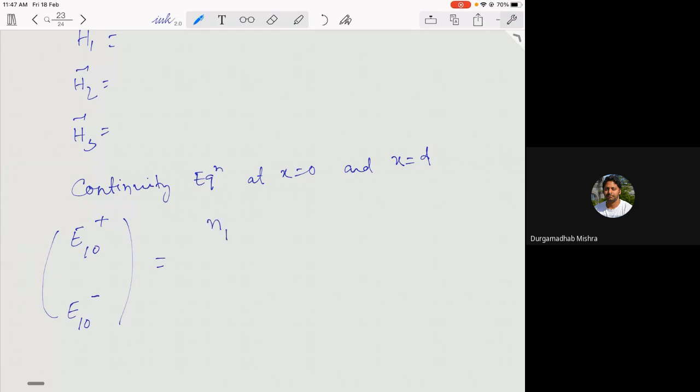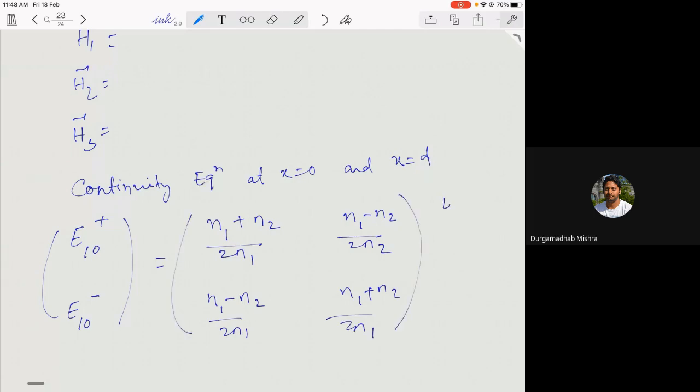After applying the continuity equation, you can write it in this form: 2n2 n1 minus n2 by 2n1, n1 plus n2 by 2n1. This is E20 plus and E20 minus.